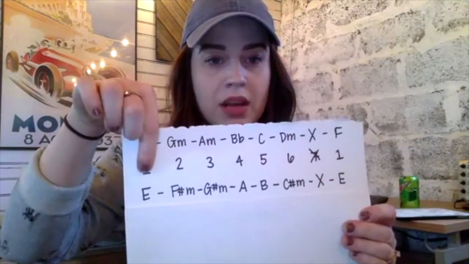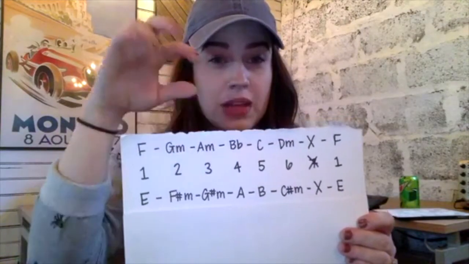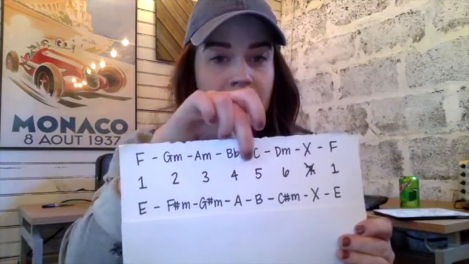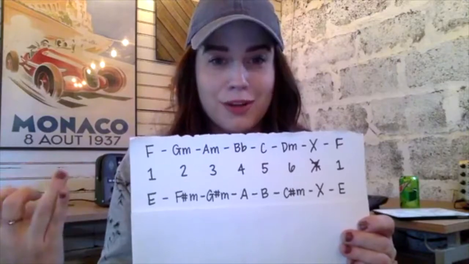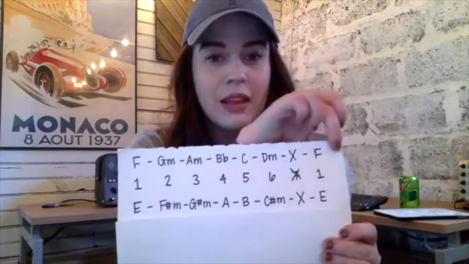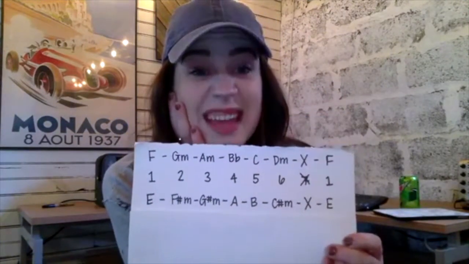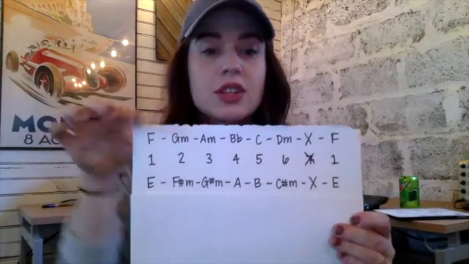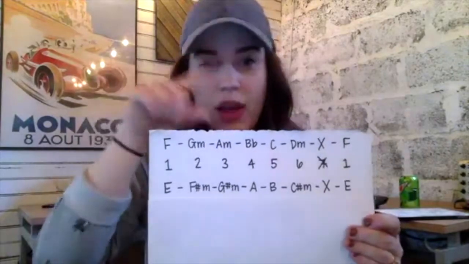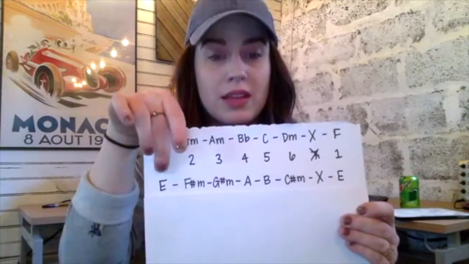So the 1 becomes E, F sharp minor and G sharp minor, those were the inverse of B and C sharp minor that I showed you, A, and then the bear claws, B and C sharp minor, that is your 5 and 6, and then back to E. So again, whenever we're talking about scales, you have to understand the whole steps and half steps on the scale to understand where you're going with this.